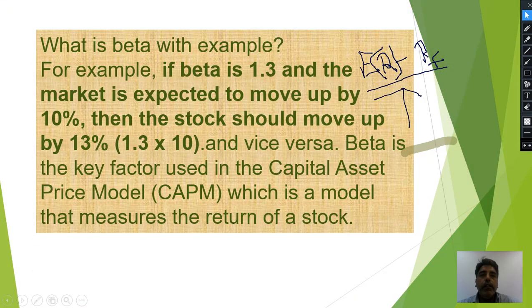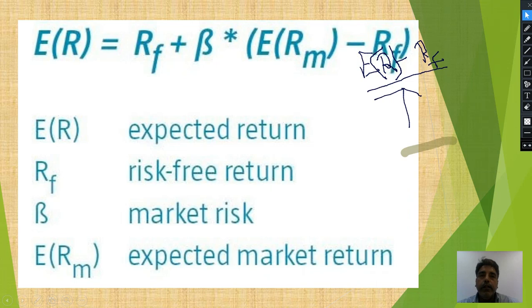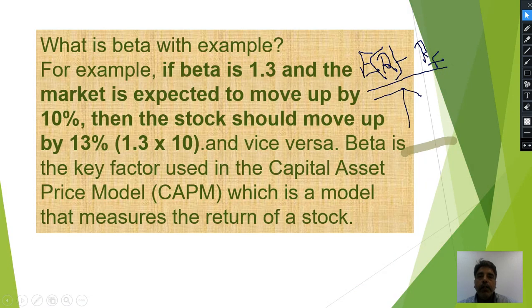It is known here as the expected rate of return from the market minus RF. ER is the expected return, RF is the risk-free return, beta is the market risk or sensitivity, or you can say the systematic risk factor, and ERM is the expected market return.